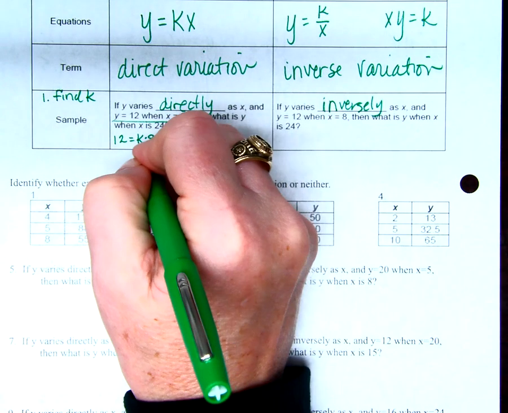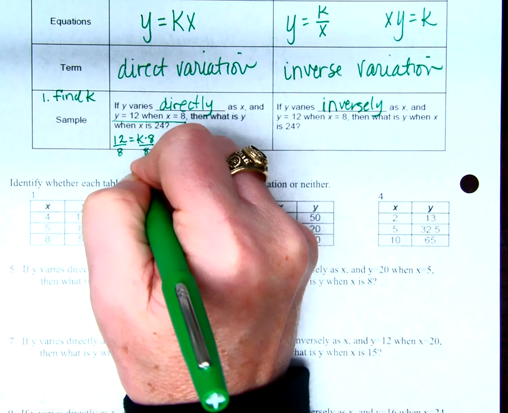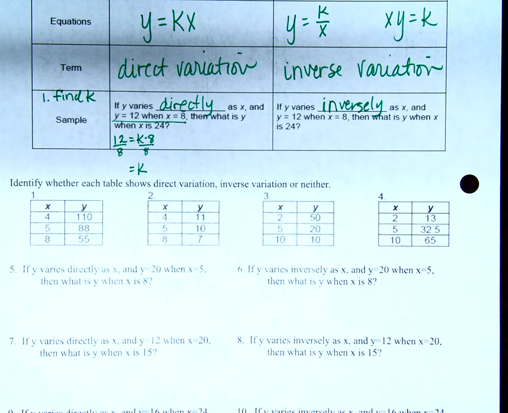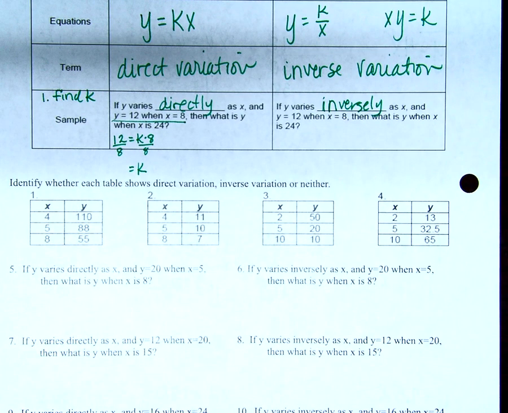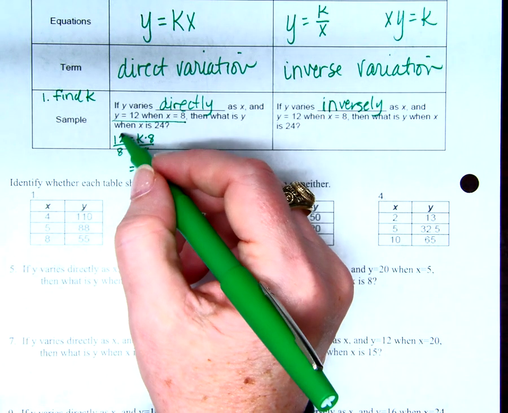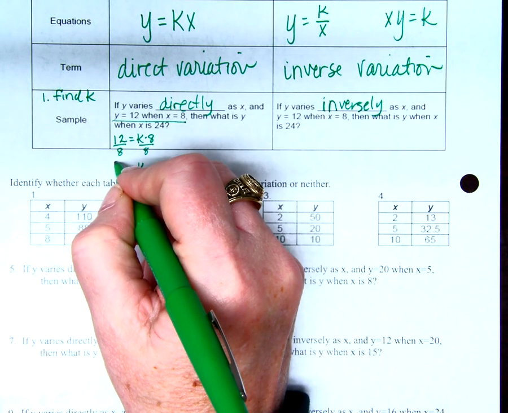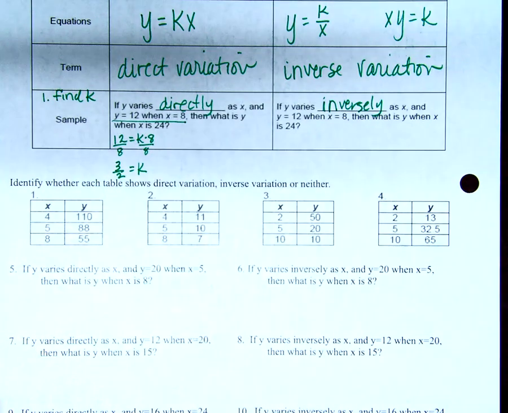I can find it by dividing both sides by 8, right? K equals what? What is 12 divided by 8? Yes, because each of them is divisible by 4, so 3/2.